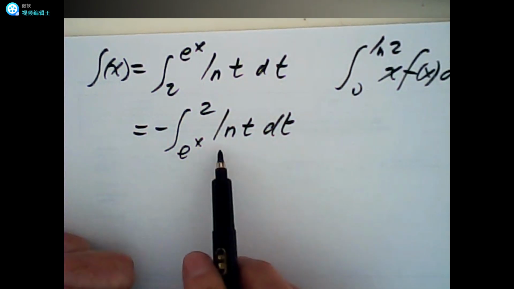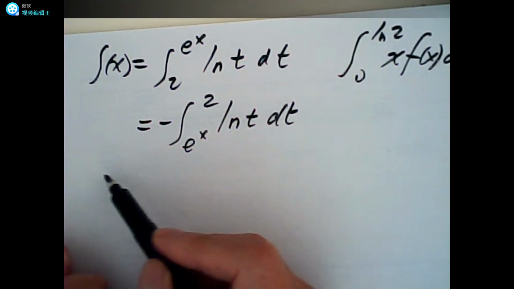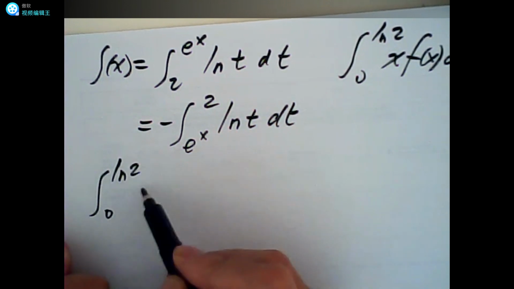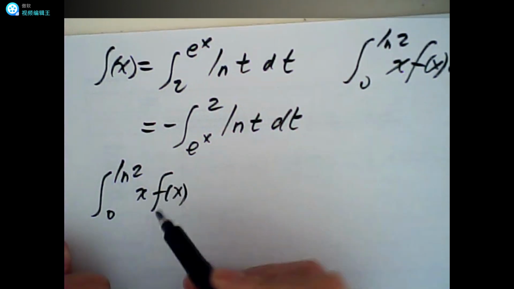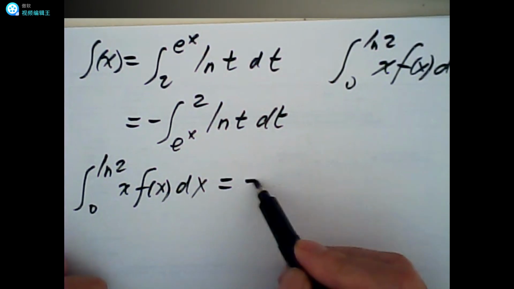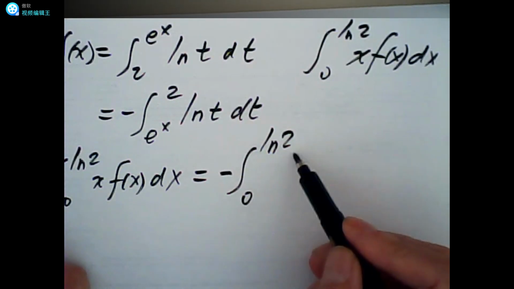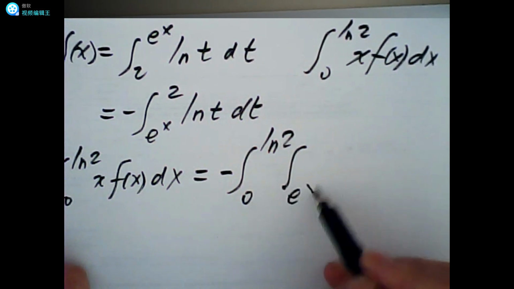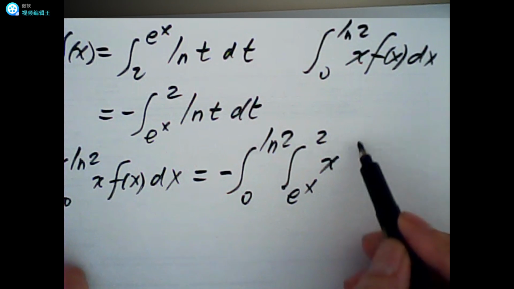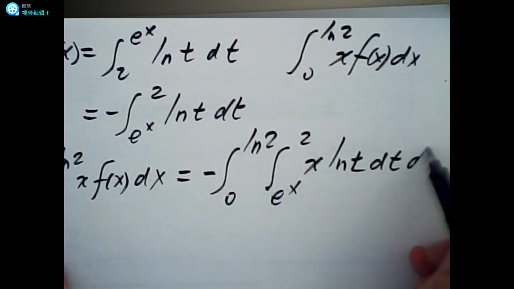Then I replace this one there. This is what I want, right? The integral of f of x dx is equal to negative the integral from 0 to log 2 of the integral from 2 to e to the x of log t dt dx.